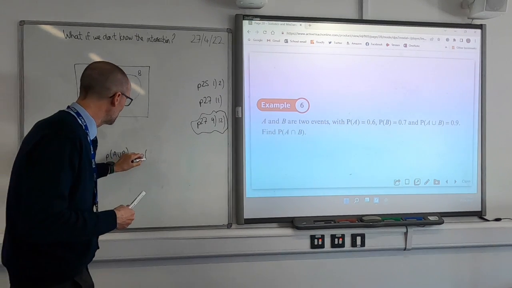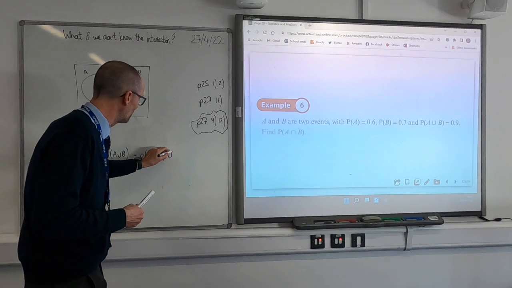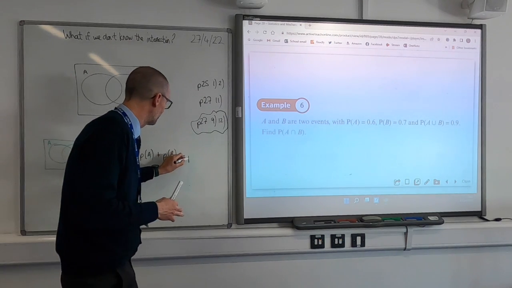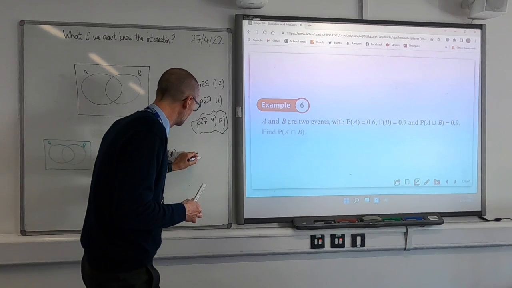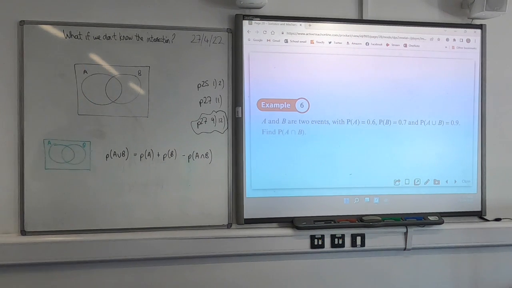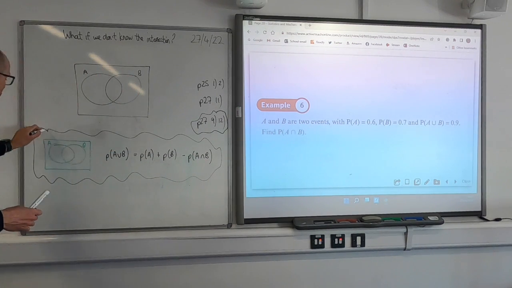It's equal to the probability of A plus the probability of B, but of course if I do that I've counted this bit in the middle twice. So that is one of two probability equations that we could potentially need to use if common sense lets us down.